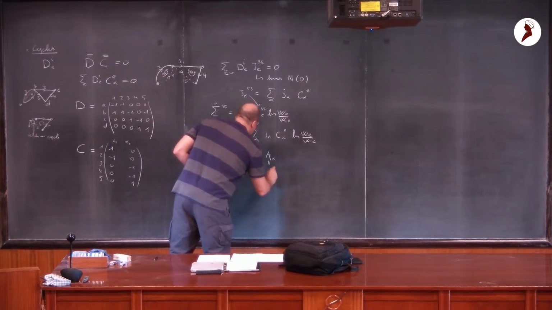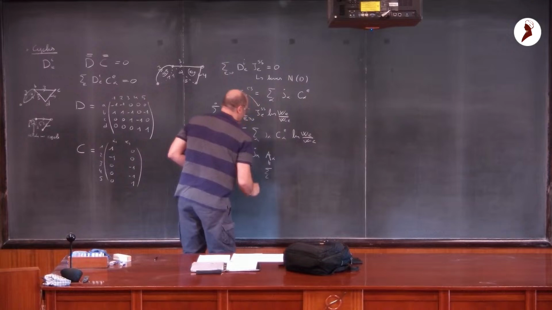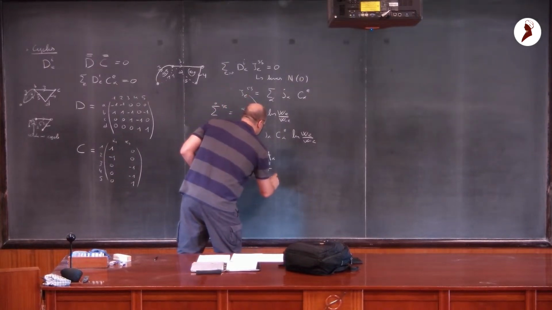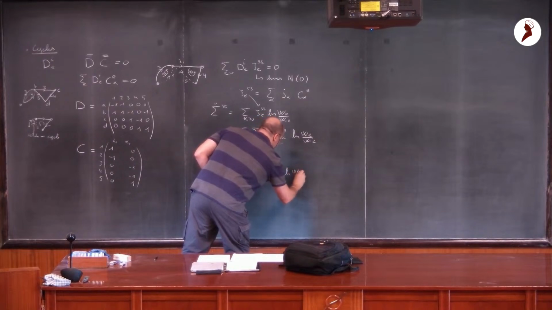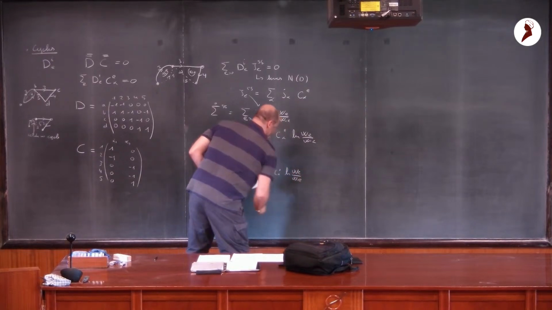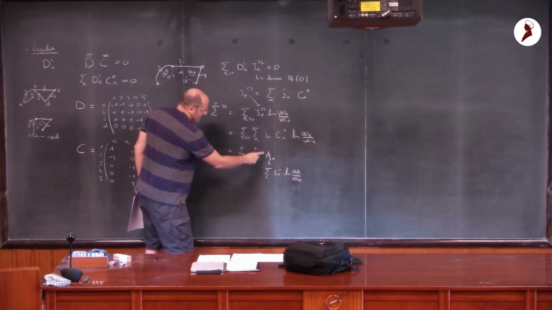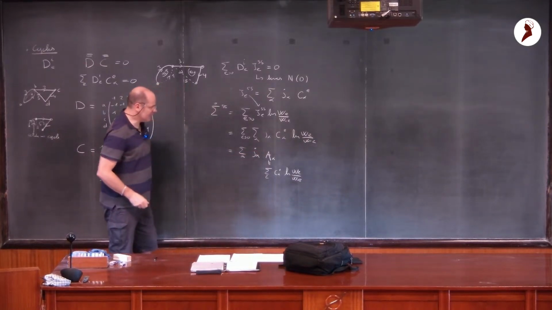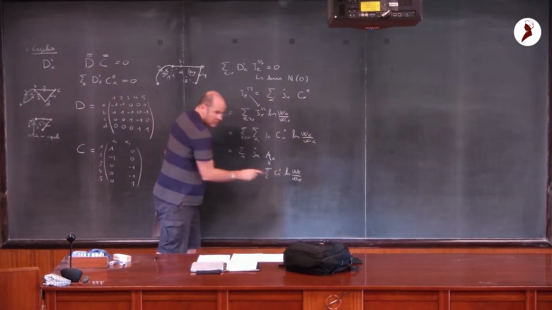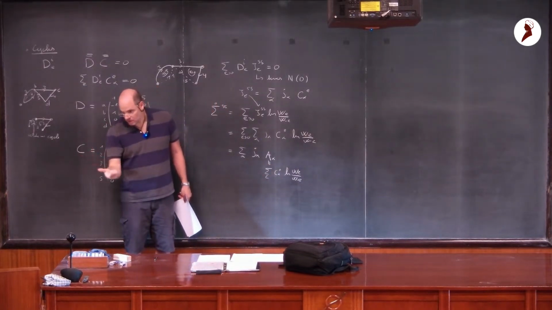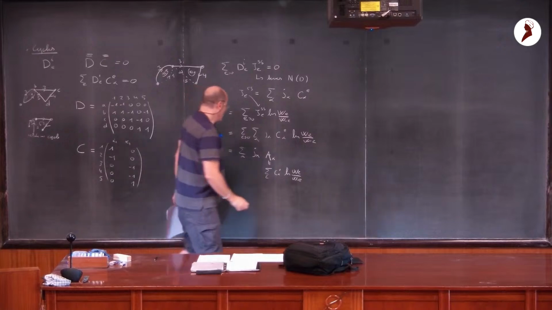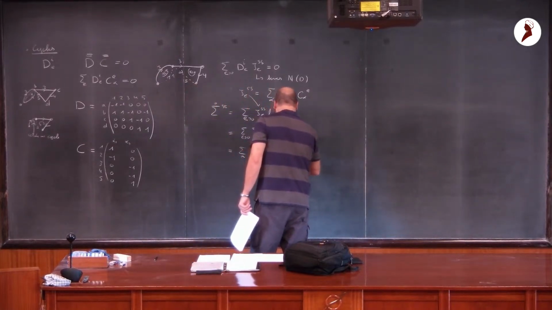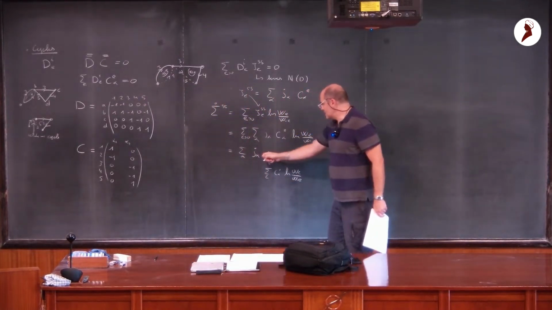And the cycle affinity is the sum over every edge of C alpha E log W E, W minus E. So basically this affinity of the cycle is the log of the ratio of the rates along the cycle. Okay? And this, we know, must always be greater or equal to 0. So this is Schnackenberg.